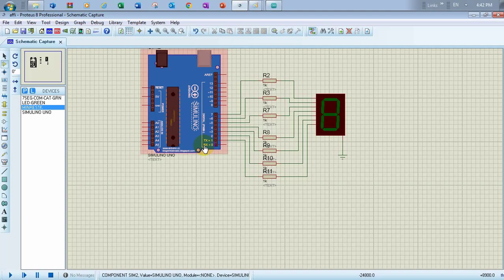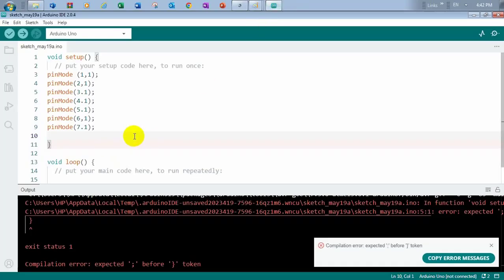Digital write. Okay, digital write. We just write digitalWrite, open parenthesis.